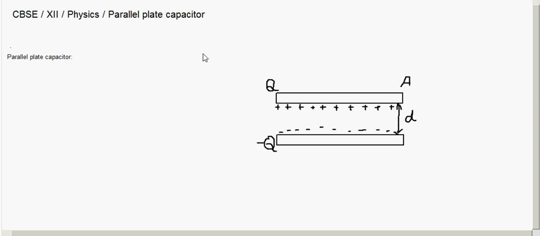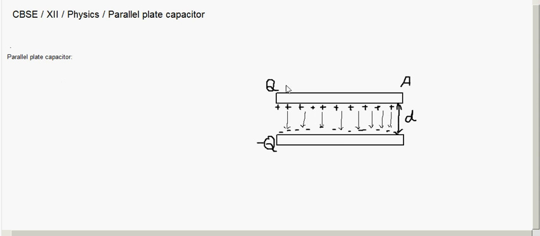Now the electric field inside the space between the two conductors is from positive to negative charge. So what did we consider?